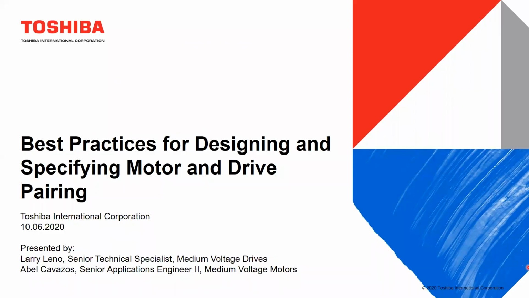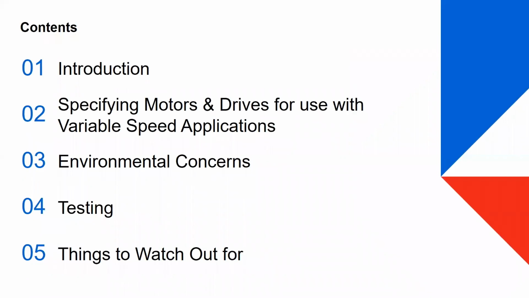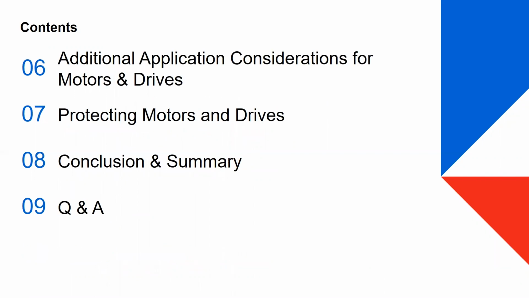Best practices for designing and specifying motor and drive pairing. Introduction. Specifying motors and drives for use with variable speed applications, environmental concerns, testing, things to watch out for. Additional application considerations for motors and drives, protecting motors and drives, conclusion and summary.